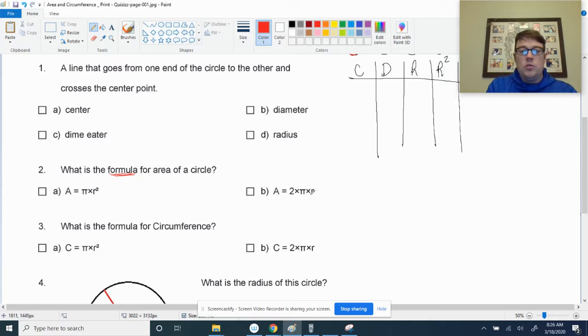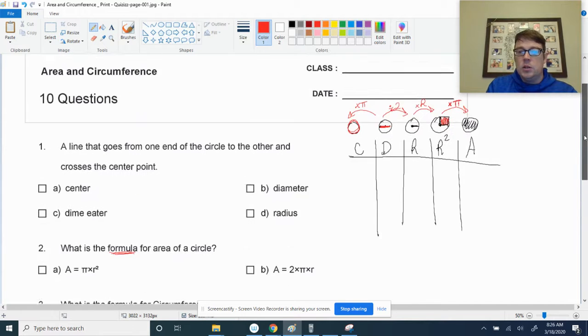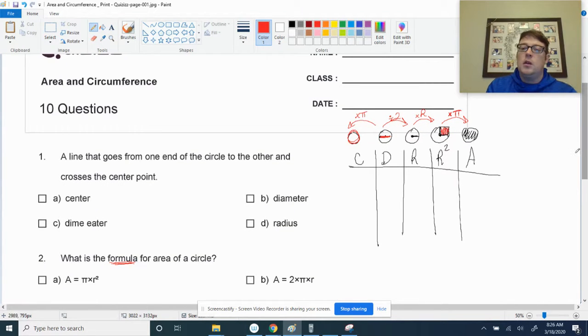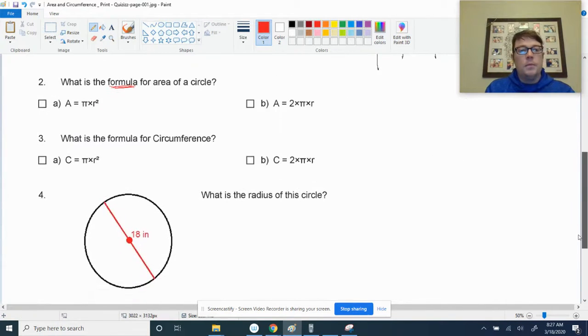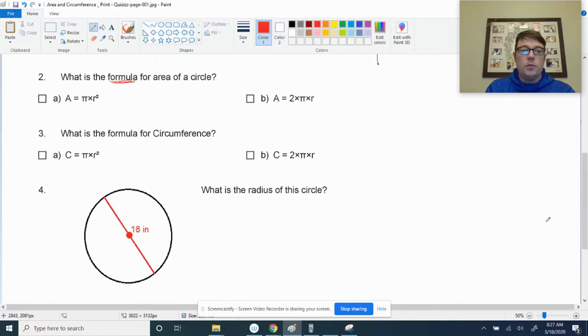This one over here, 2 times pi times radius, is how you find circumference. 2 radiuses would be diameter, and then times pi would get you circumference. Like I said, all of these are related to these relationships. If you understand this, then you're going to be in really good shape. You might want to draw or write that out if you're having trouble. What's the formula for circumference?